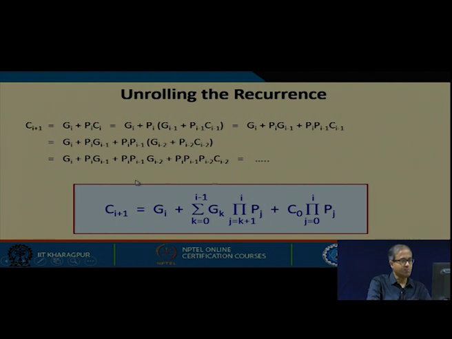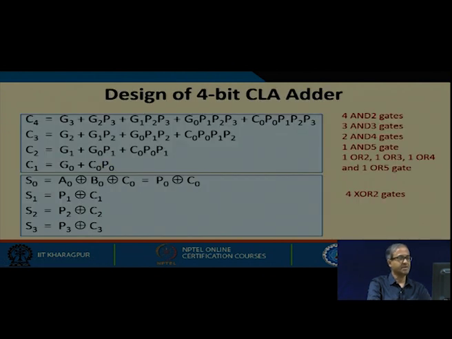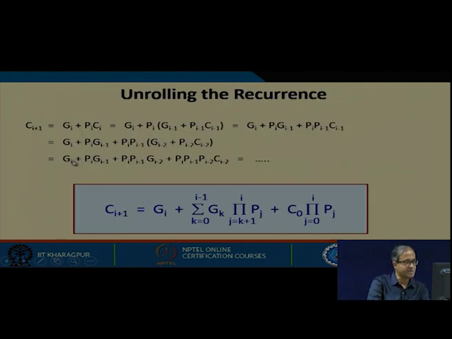So, actually I am working this out for a specific case, for a 4-bit adder. Let us do it. Let us consider a 4-bit carry look ahead adder. We are using the same expressions that we have written down here.